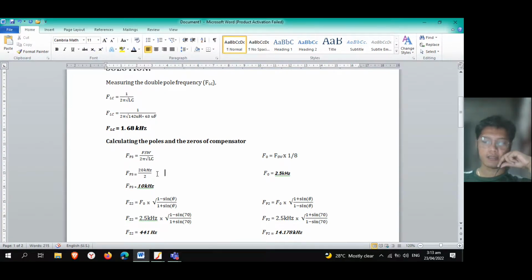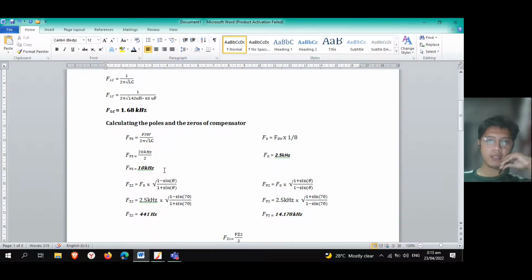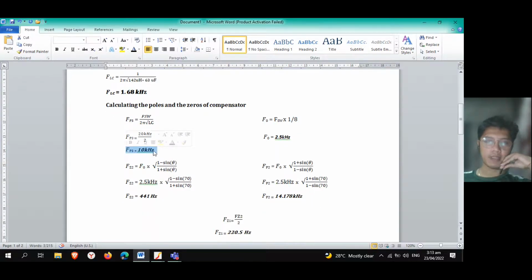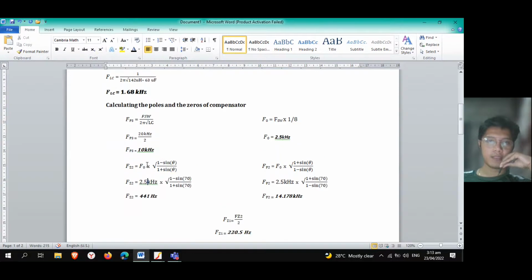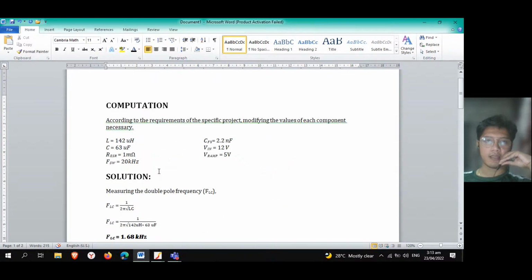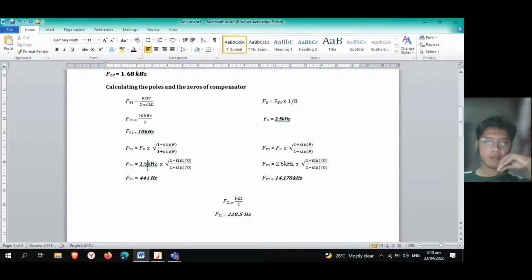Substituting 20 kHz over 2, our FP3 is 10 kHz. For FZ2, the formula is F sub 0 times the square root of (1 minus sine theta) over (1 plus sine theta). Theta is 70 degrees. So 2.5 kHz times the substituted value, and our FZ2 is 441 Hz.